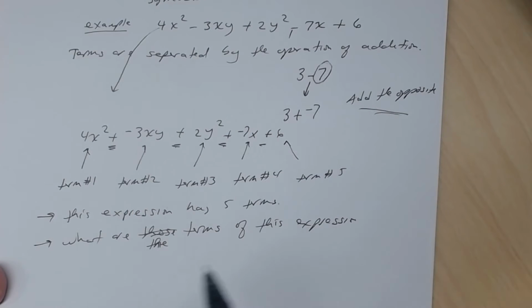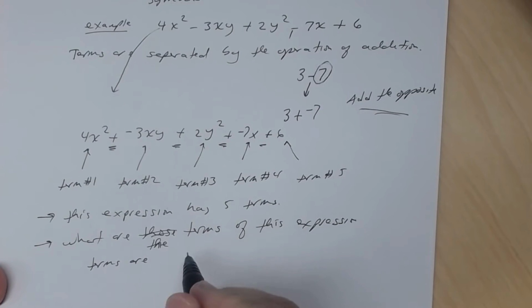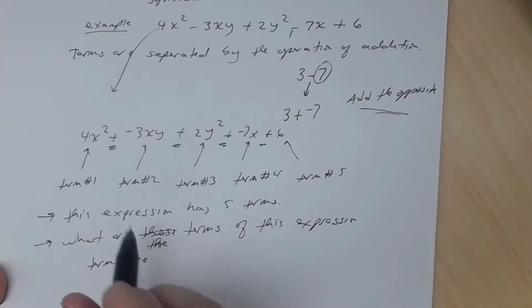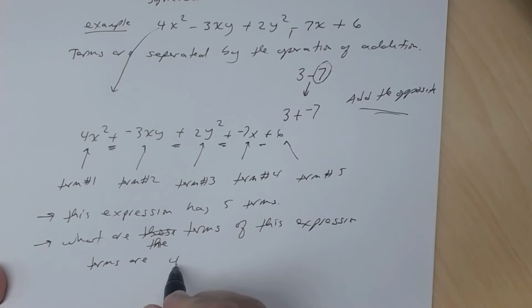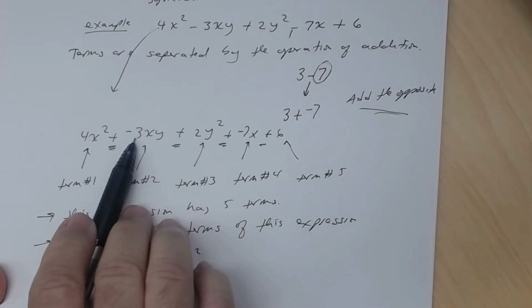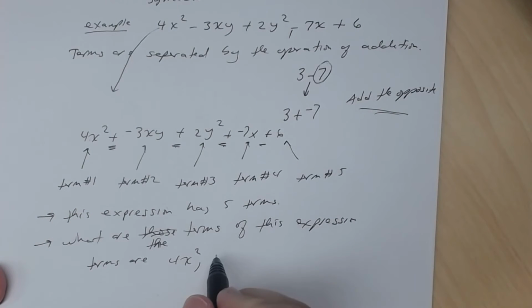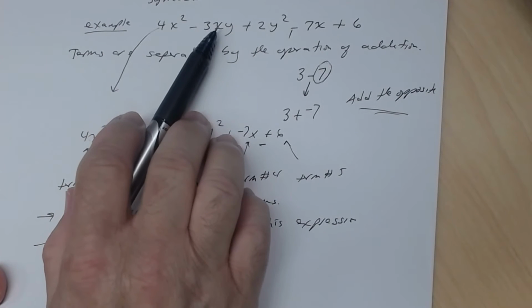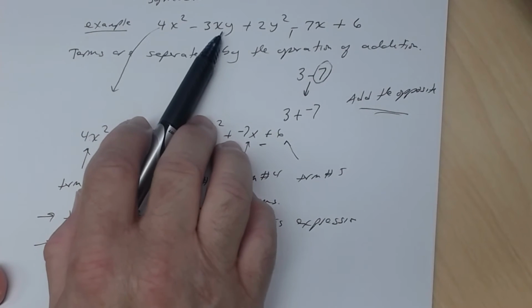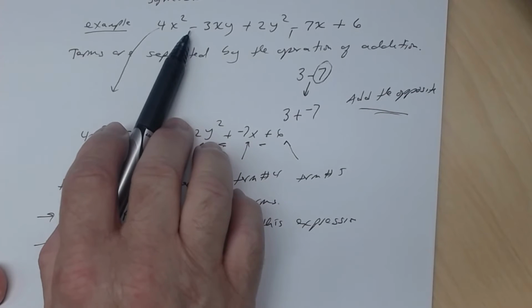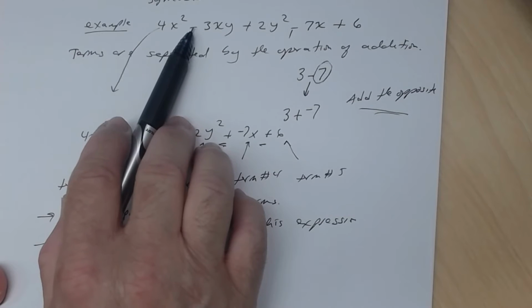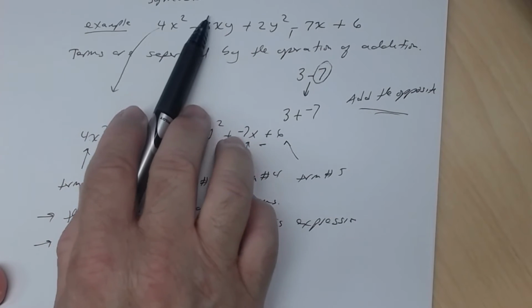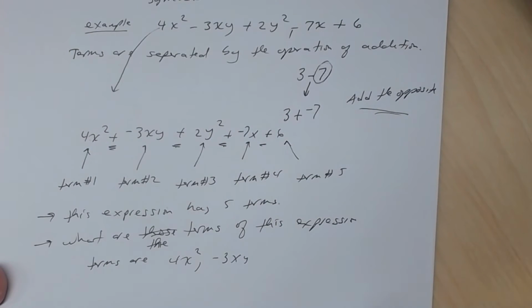So the terms are, and we're going to separate them by commas, the first one is 4x squared, comma, the next one is a negative 3xy, not 3xy. Some students, when they look at this, think 3xy. But remember, subtraction, you have to write as an addition problem. So add the opposite. So that's a negative 3xy.